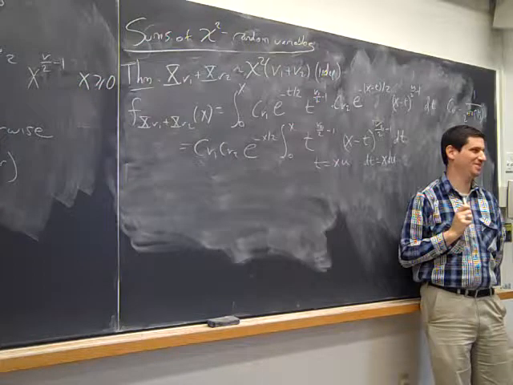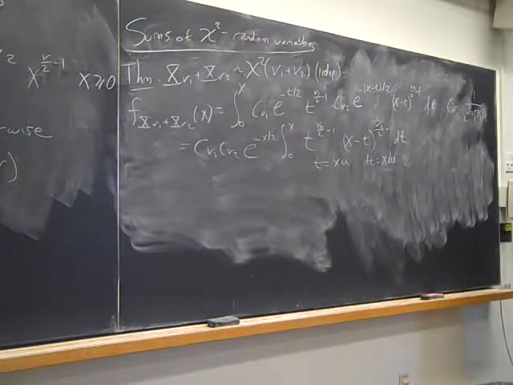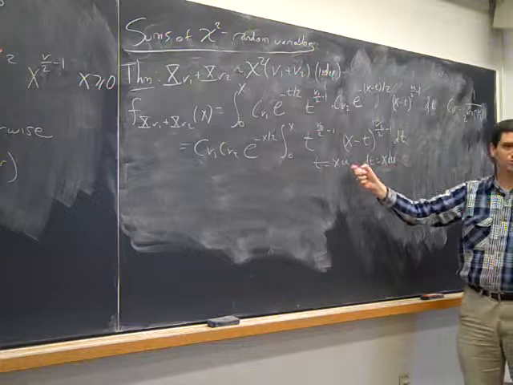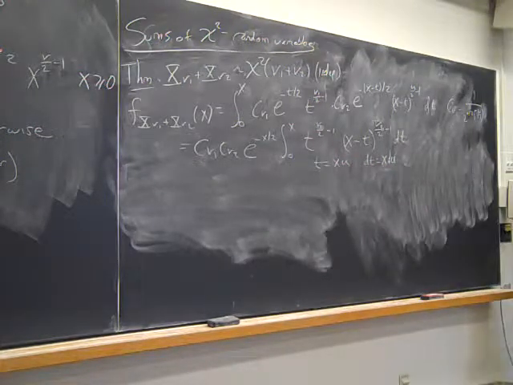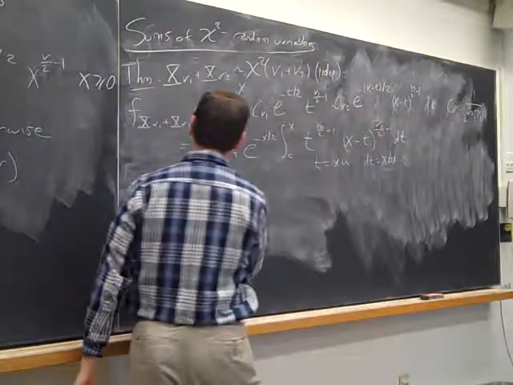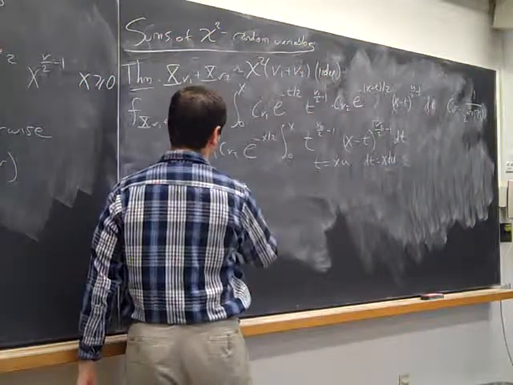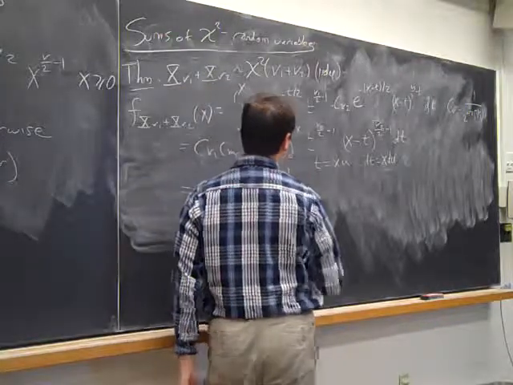What does u run from now? If t goes from 0 to x, u goes from 0 to 1. Ah, the bound of integration no longer depends on x. Life is really good. And so we get c nu 1, c nu 2, e to the negative x halves, integral from 0 to 1.